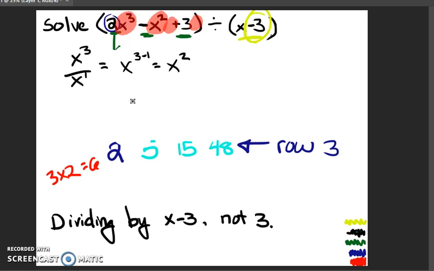So this x becomes x squared, this x becomes x to the 1, or just x. This x, the invisible x, becomes x to the 0, which equals 1. And then this one, which is originally 0, is just gone. No more x there. That one becomes our remainder.